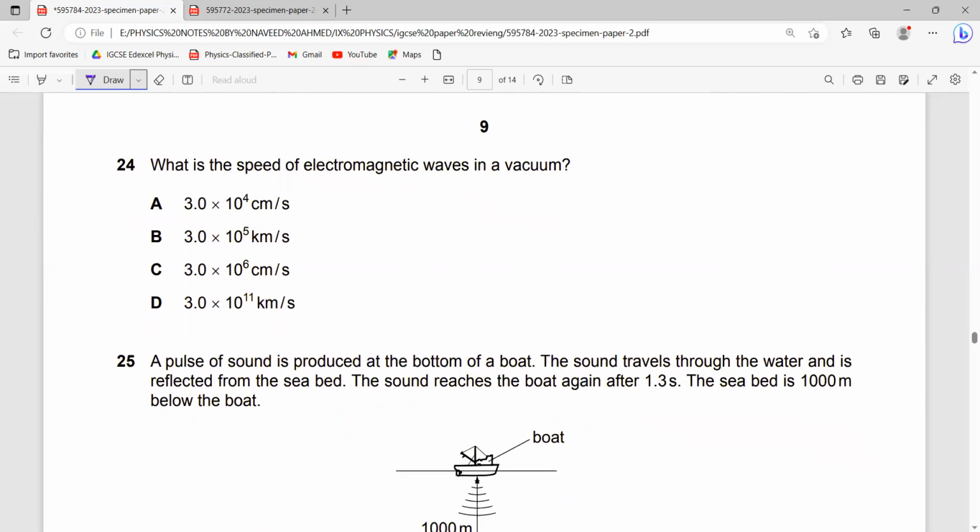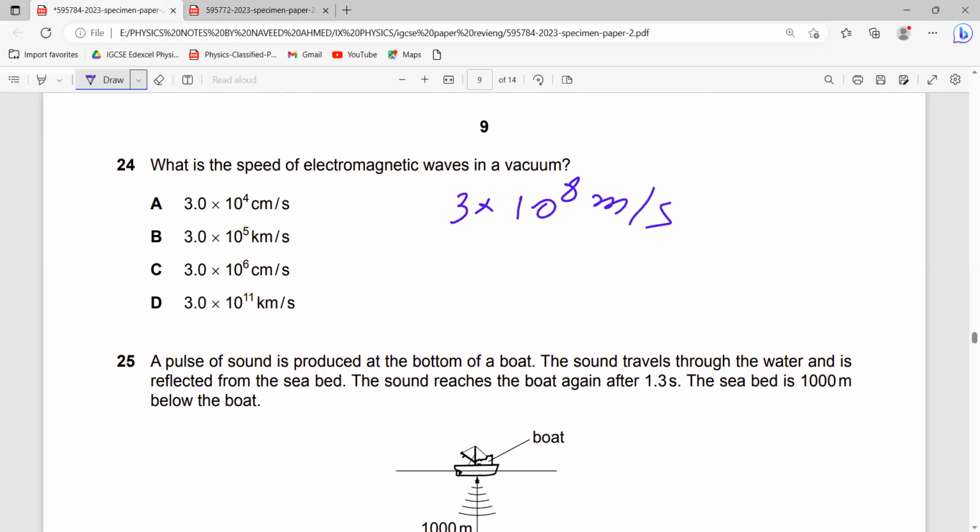In question number 24, what is the speed of electromagnetic waves in a vacuum? You know, all the EM waves travel with the same speed. We have read about it in meters per second, that is 3 into 10 power 8 meters per second.